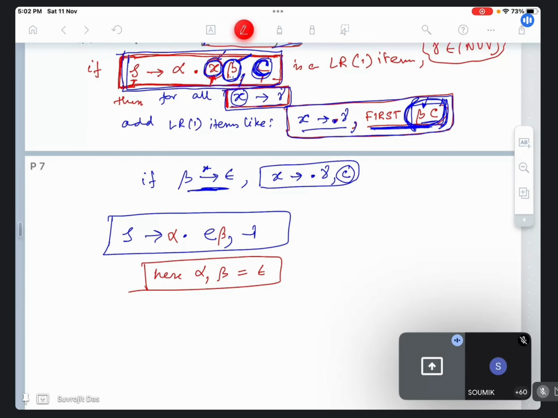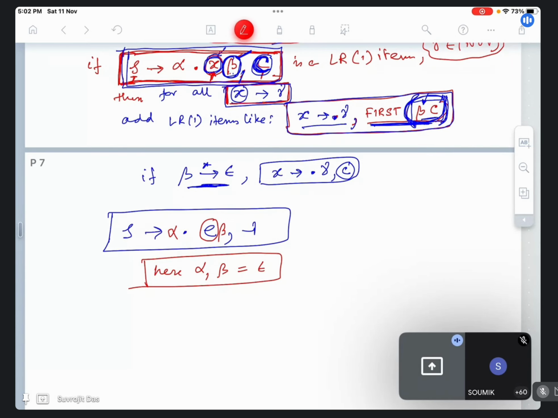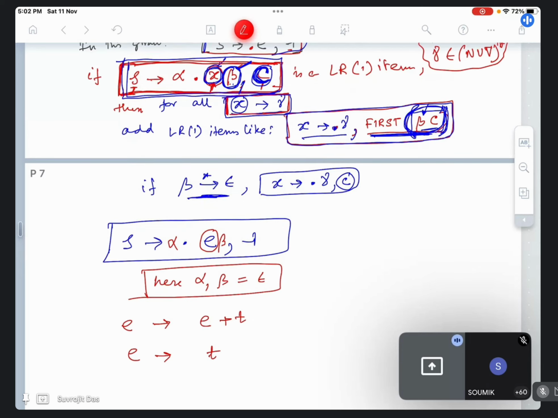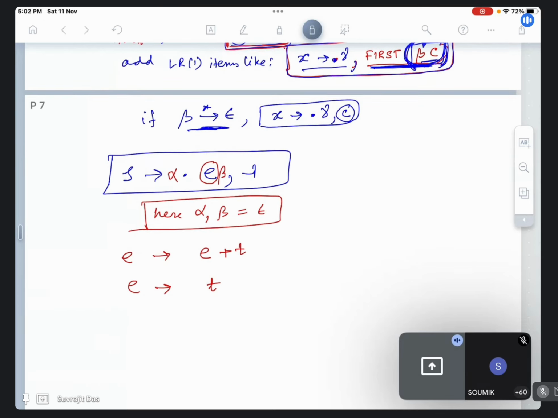So I need to find out all productions that have E on the left hand side, right? From our grammar, I find out that I have two productions: E goes to E plus T, and another production, E goes to T. Fine. So the algorithm says that for all such productions, you have to build LR1 items that look like this.